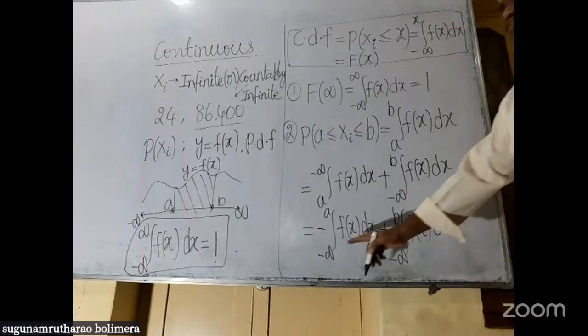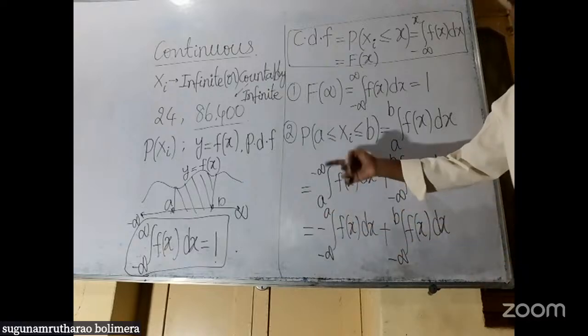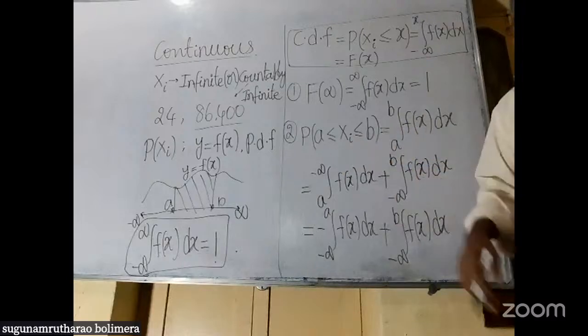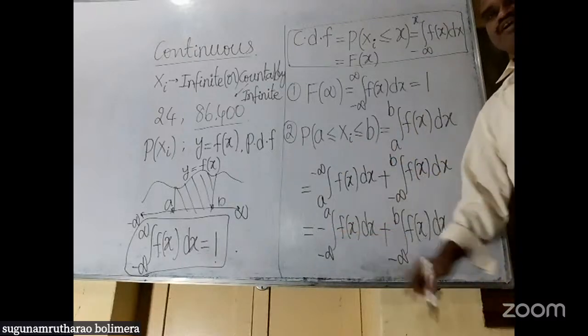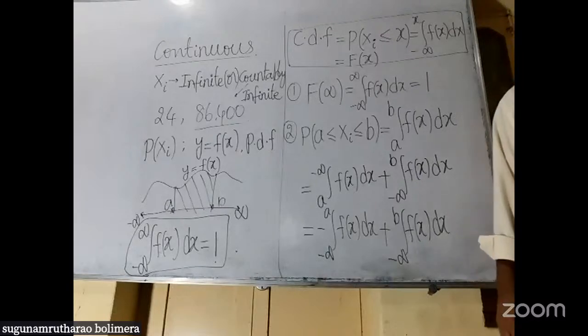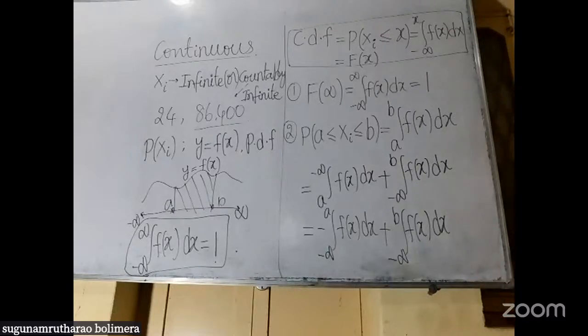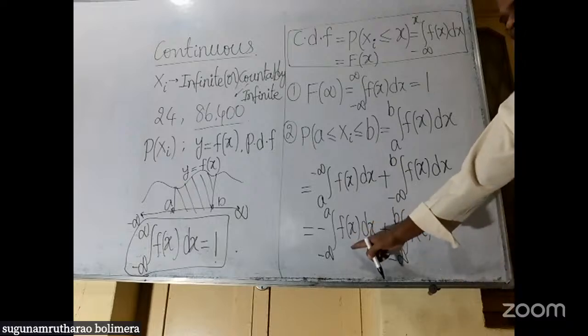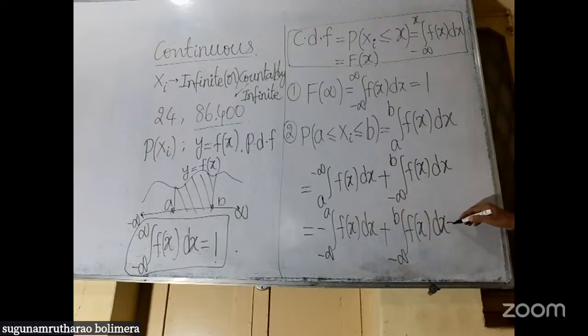If you reverse the limits, you get a minus; you may observe this in the properties of integration. So this is now minus capital F of a, and this is capital F of b.